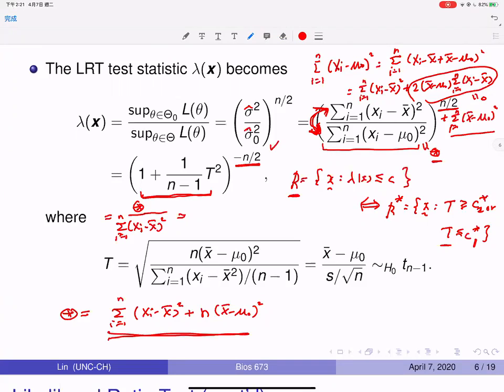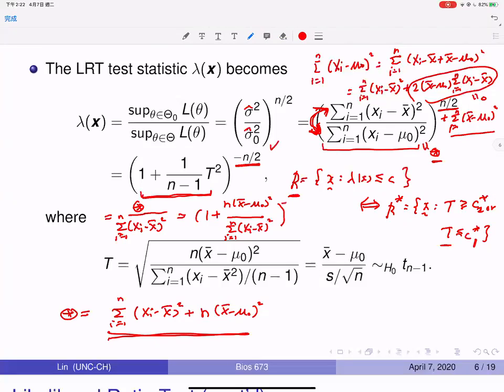Okay, good. Then it becomes what? Inside that becomes 1 plus n x bar minus mu 0 square, then this guy is summation i from 1 to n, then xi minus x bar taking square.